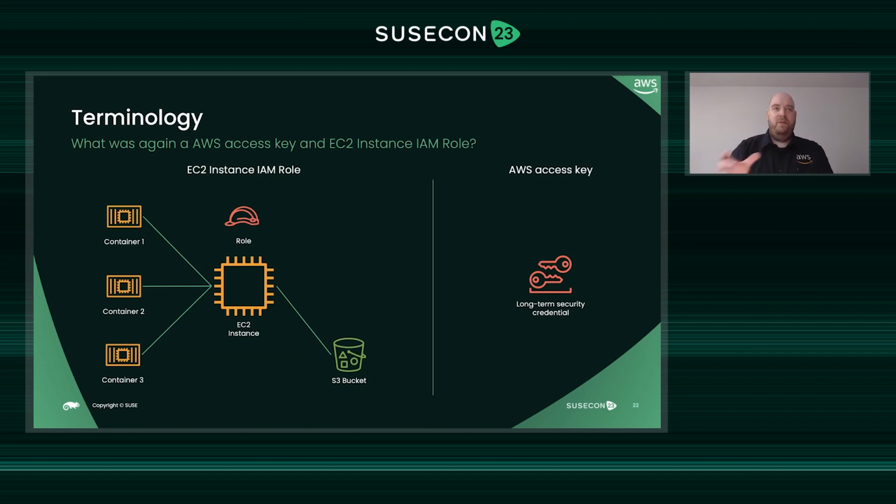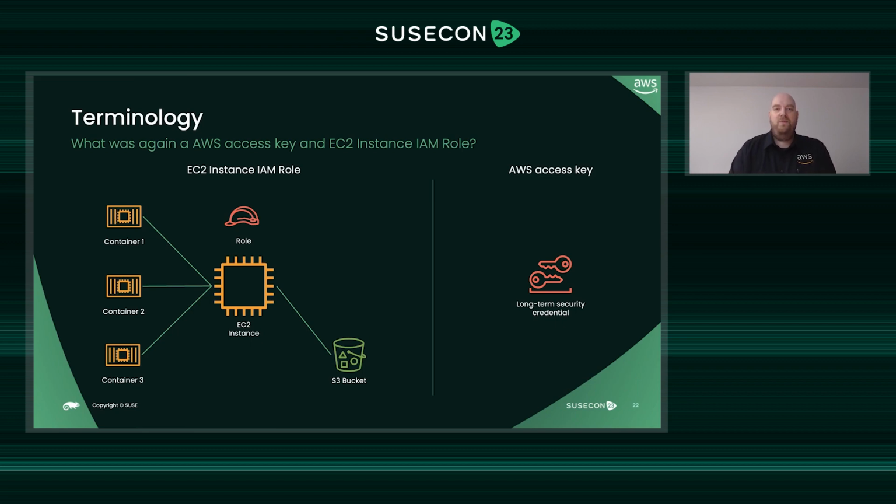Then it's important that we quickly take a look at EC2 instance roles and AWS access keys on the right. Let's start with the instance role. If you attach an IAM role to an EC2 instance, that grants every application which is running on the instance permissions to the resources which are defined in the policy.